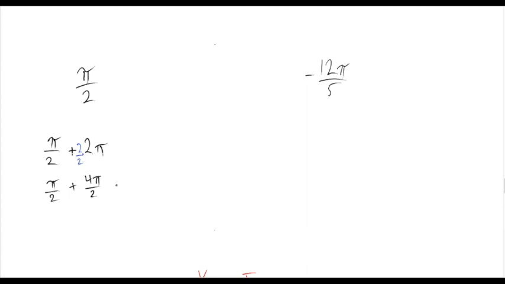And now since they have the common denominator, I can add them together. 1 pi plus 4 pi gives me 5 pi over 2. What you're basically doing here is treating pi like it's a variable.